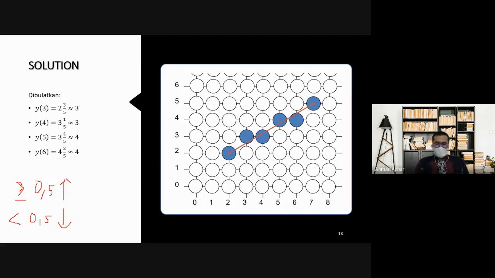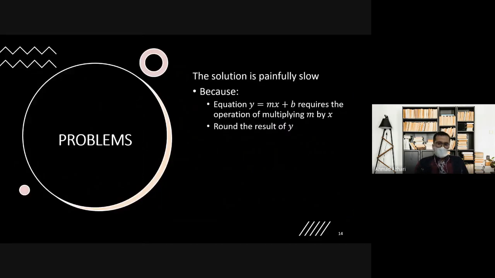After this, you can make a straight line by using this. As you can see, a problem appears: the solution is very slow. Why?